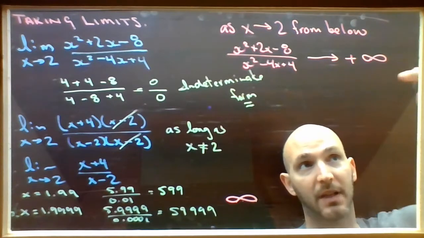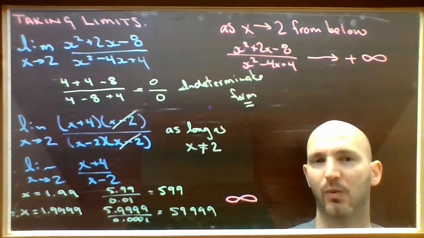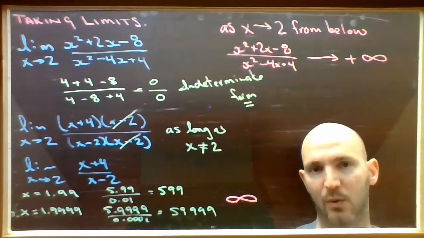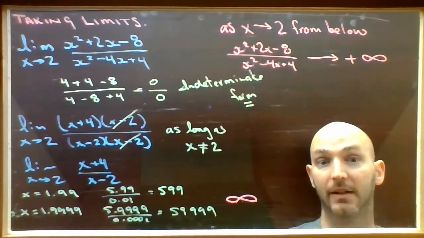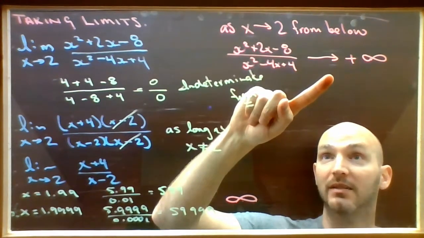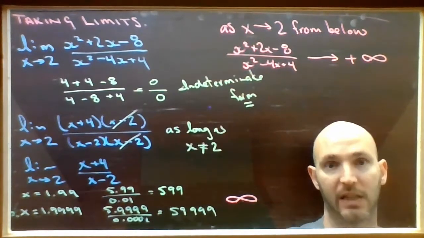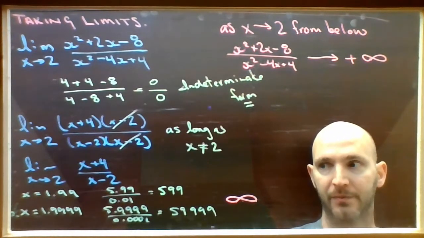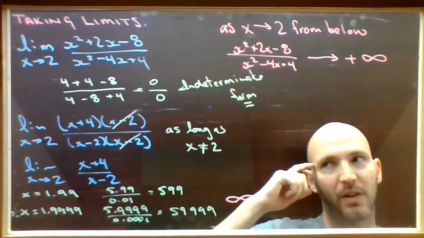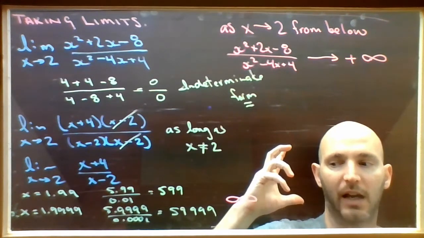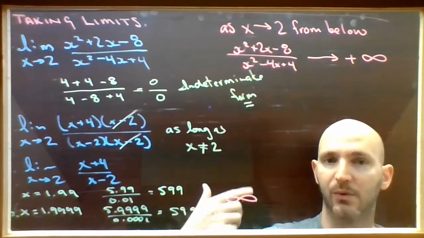Now, you notice I'm allowed to say that. I can never write equals infinity, because nothing can equal infinity, but it can approach it. The same way that I couldn't make x equal to, but I could let it approach to. So after this example, I'm hoping that you're starting to see why we use limits.